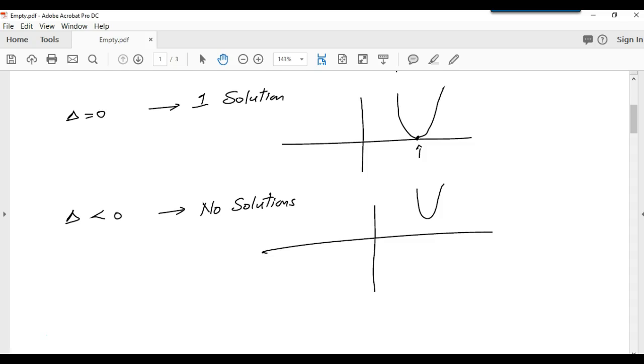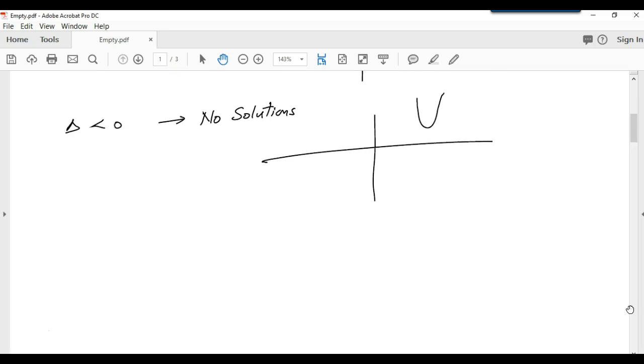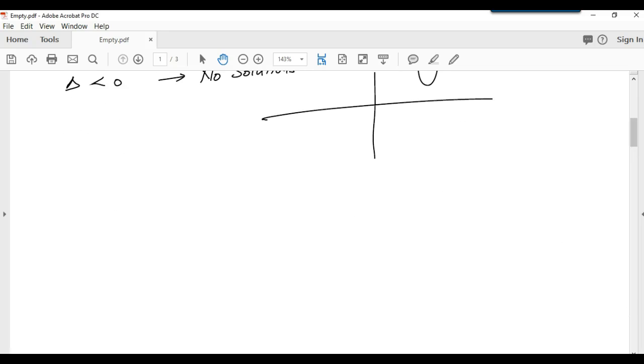Now let's go ahead and do an example. We are going to try and sketch y equals 4x squared minus 2x take away 3. While sketching, we are going to label all important points.